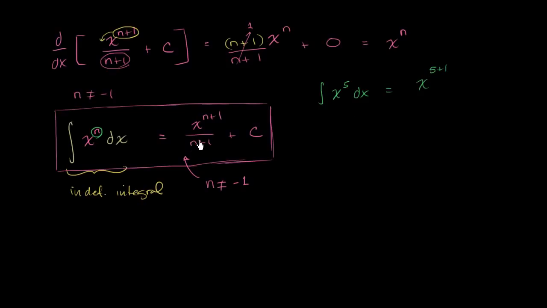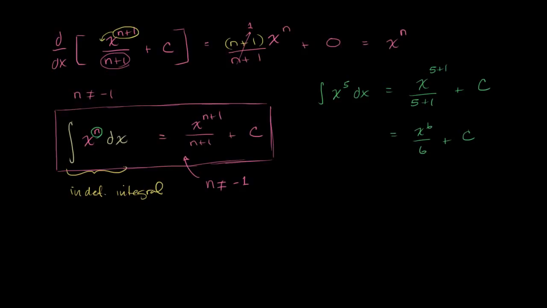And then we divide by that same value, 5 plus 1. And of course, we want to encapsulate all of the possible antiderivatives, so you put the c right over there. So this is going to be equal to x to the 6th over 6 plus c. And you can verify. Take the derivative of this using the power rule. You indeed get x to the 5th.